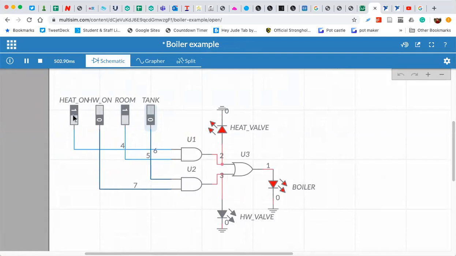If I turn the hot water on, room stat doesn't make any difference. The tank stat turns the boiler and the hot water valve on. And then if I turn on both and turn on both stats, I get all three outputs on.